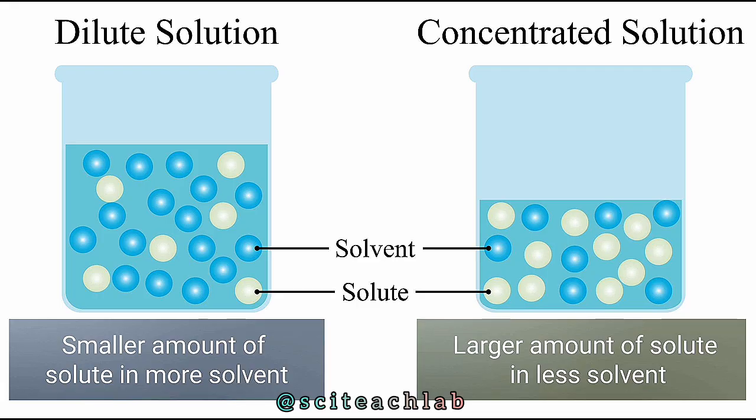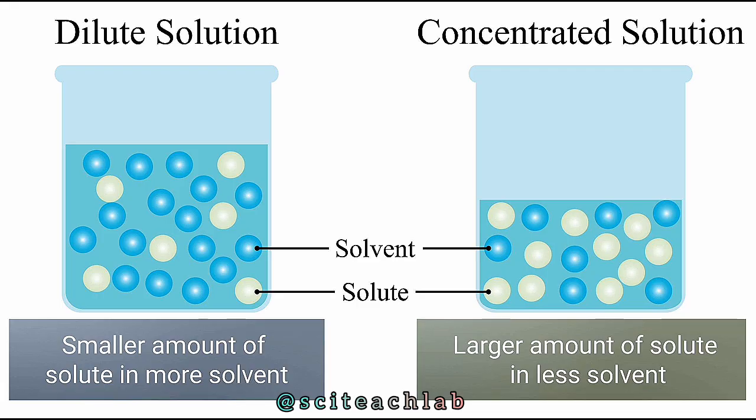But in the other cup, the amount of water added is more than the amount of Coke. When the amount of water is more than the amount of Coke, that is a dilute Coke solution.